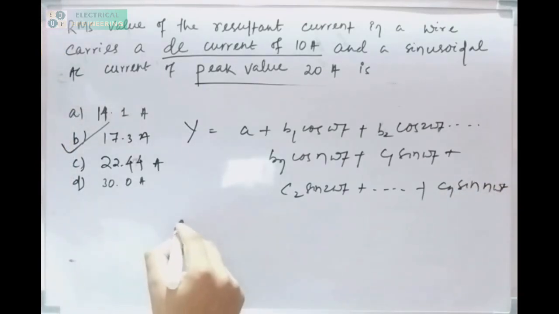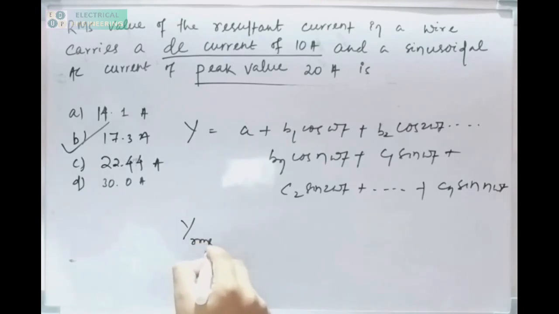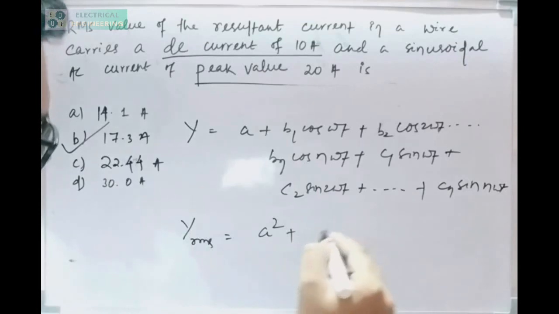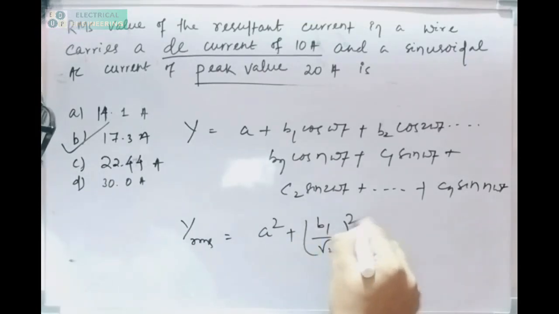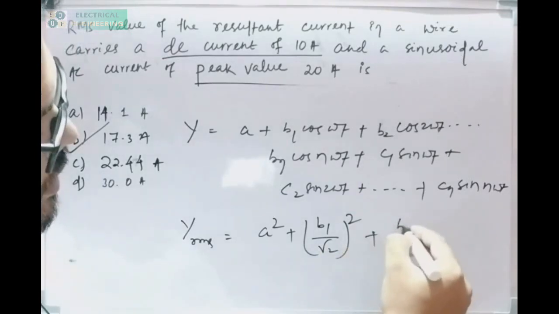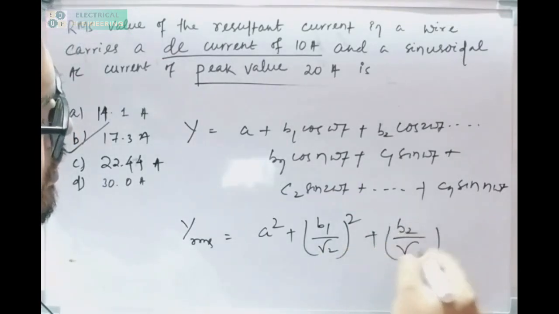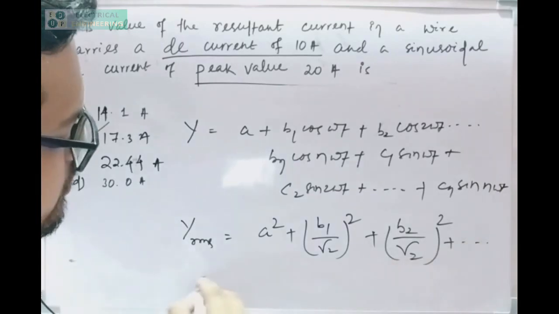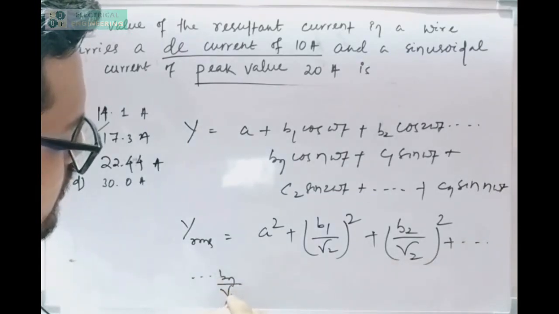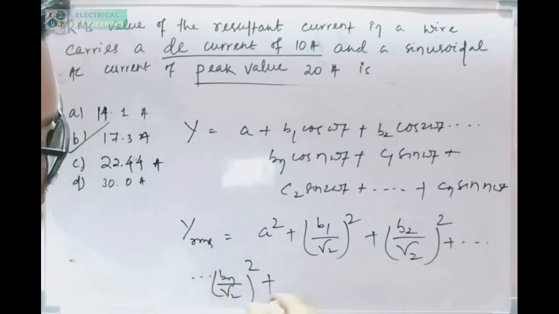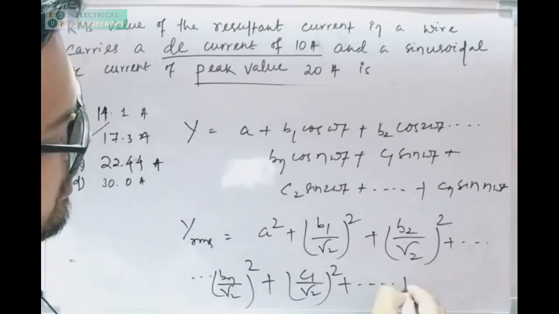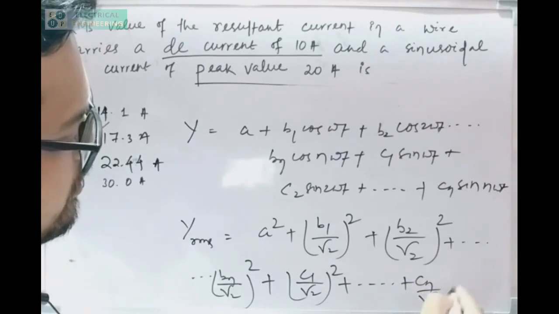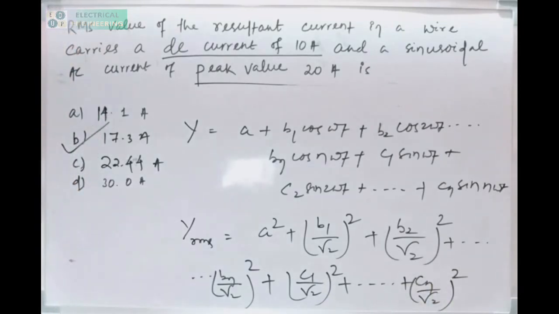The RMS value will be: Y RMS will be A square plus (B1 by root 2) whole square plus (B2 by root 2) whole square up to (Bn by root 2) whole square plus (C1 by root 2) whole square up to (Cn by root 2) whole square.